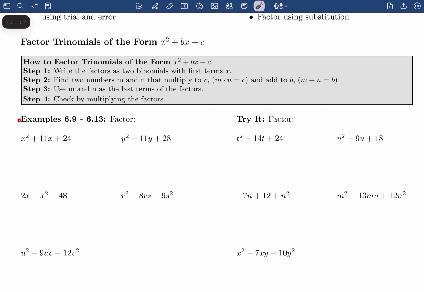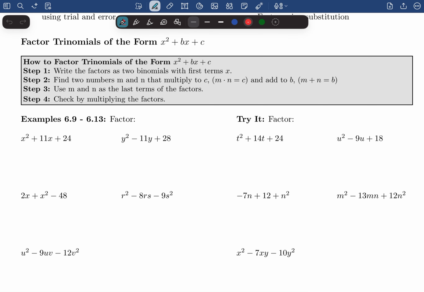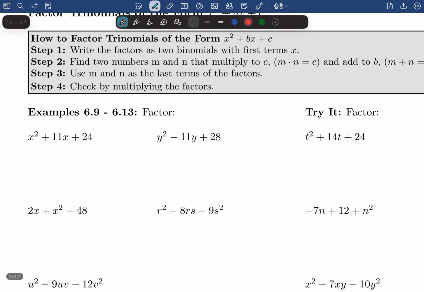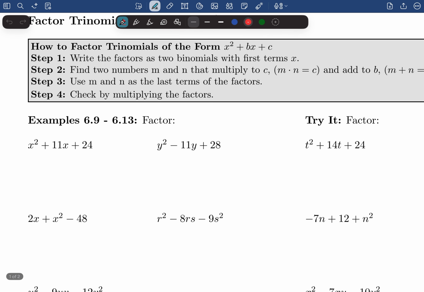So here I have examples 6.9 through 6.13 listed, and we'll go through them one at a time all the way until we get to the bottom. Okay, so let's zoom in and focus on this four-step process for the first trinomial. I see x squared plus 11x plus 24.